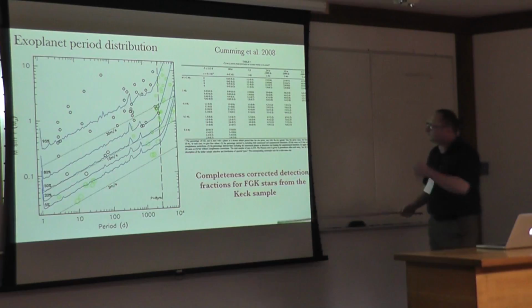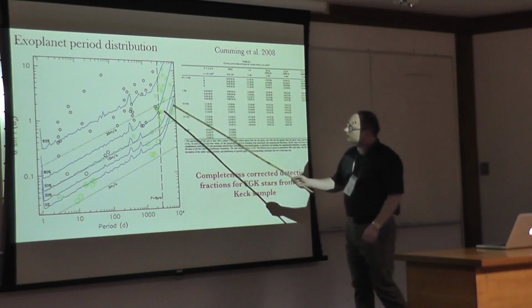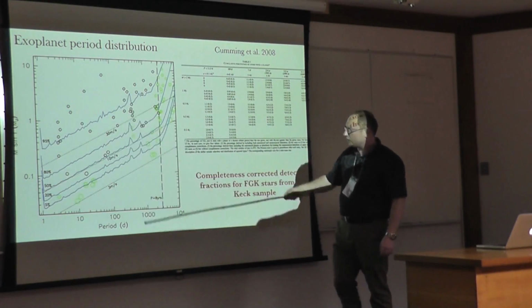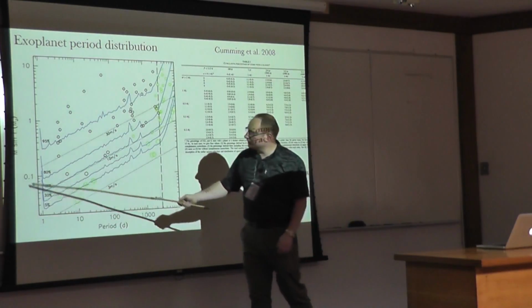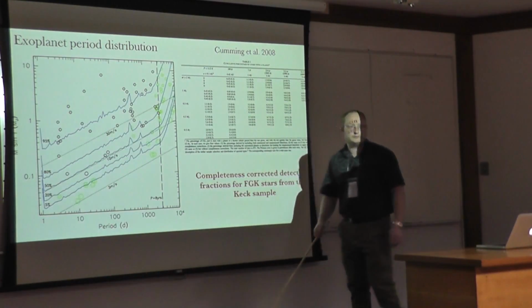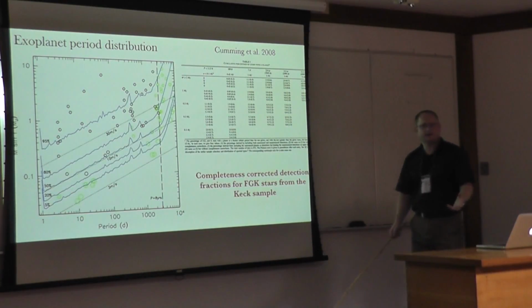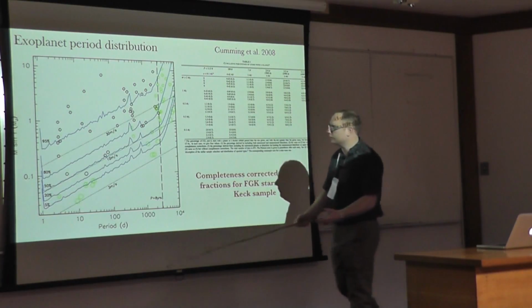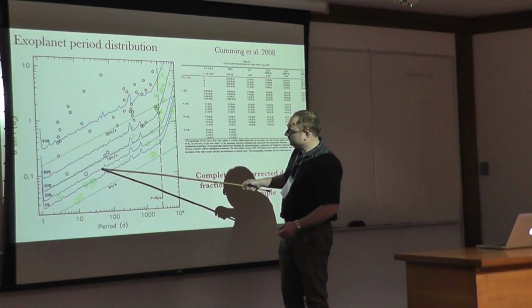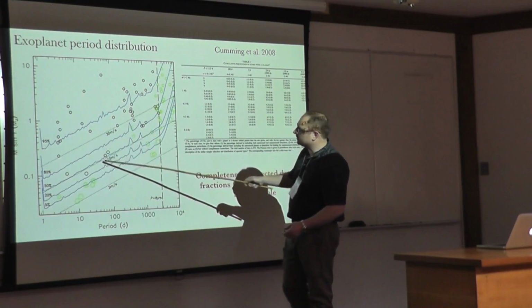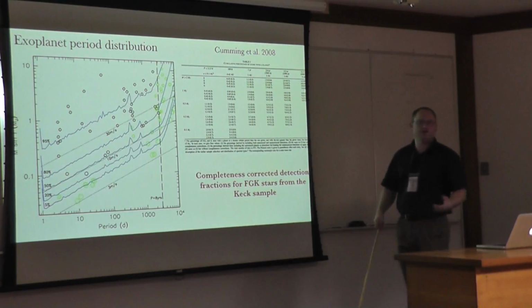And so here's what this paper tried to do. This is what I want to highlight. So looking at period against mass now, we take the minimum mass and look at it as a function of period and see where these planets arise. And these blue lines represent the confidence limits, if you like.